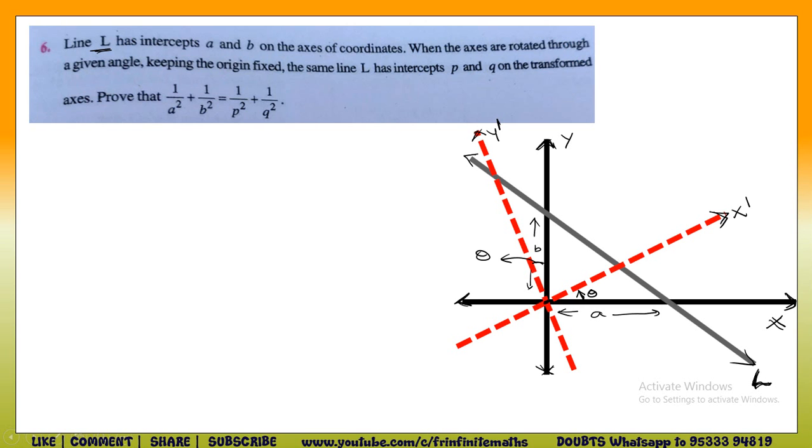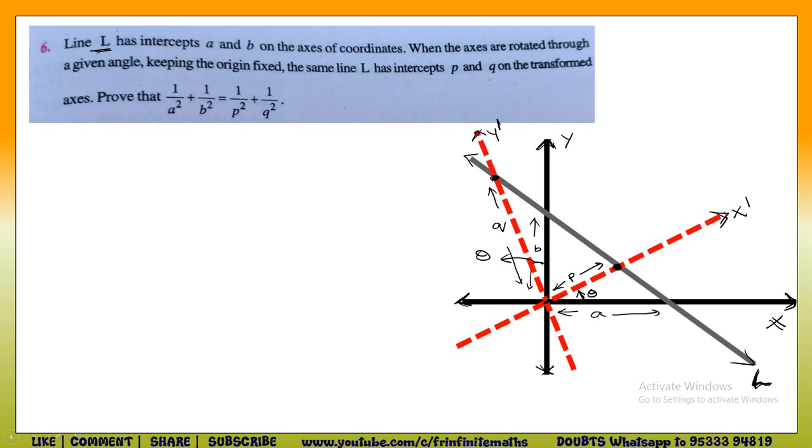The same line L has intercepts P and Q. Now what he has given here is that this length is P. So from here to here this length is P, and next he has given that this length is Q. Since these lines are meeting my new coordinate axes at these 2 points, this particular length is P and this length is Q, right?